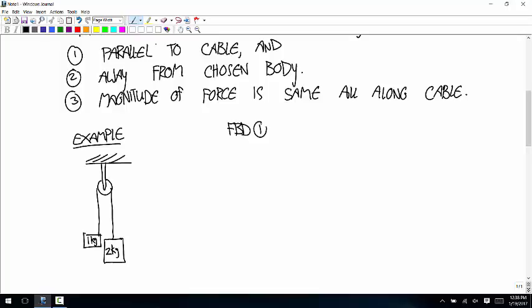Free body diagram of the 1 kilogram mass looks like 1 times 9.81 down, that's the weight. And then the cable force is parallel to the cable, away from the chosen body.